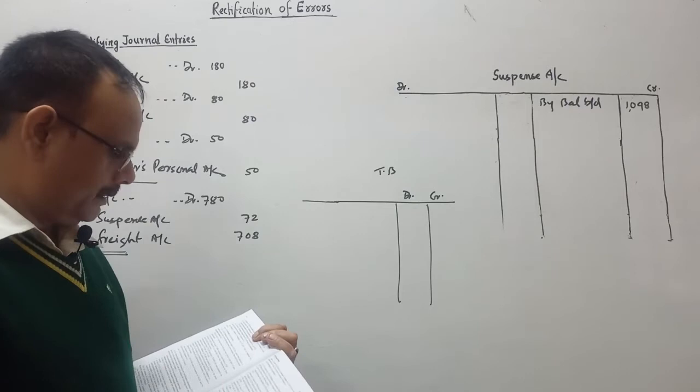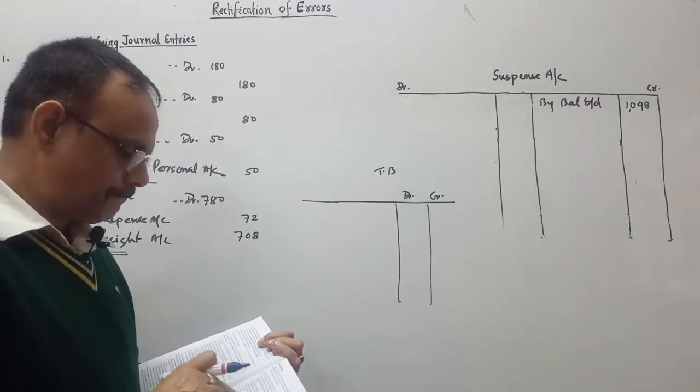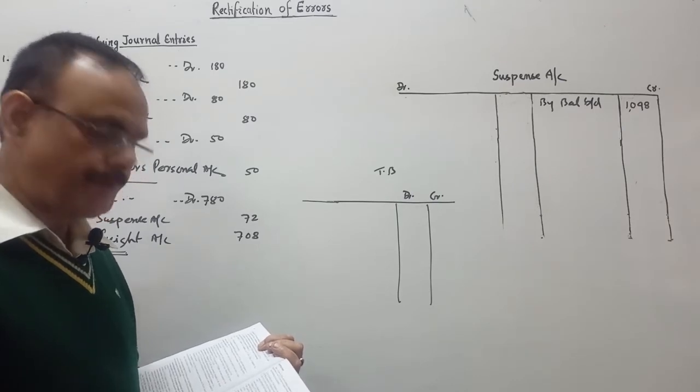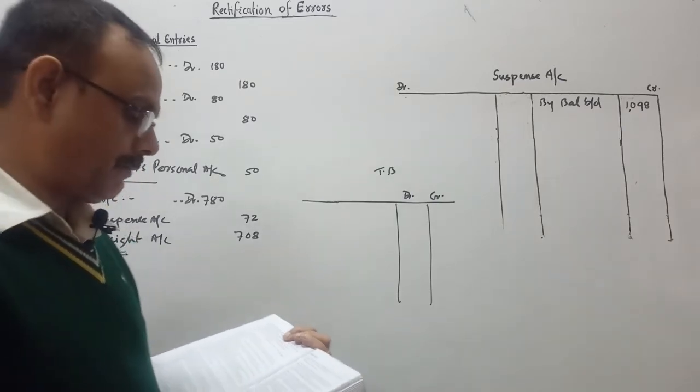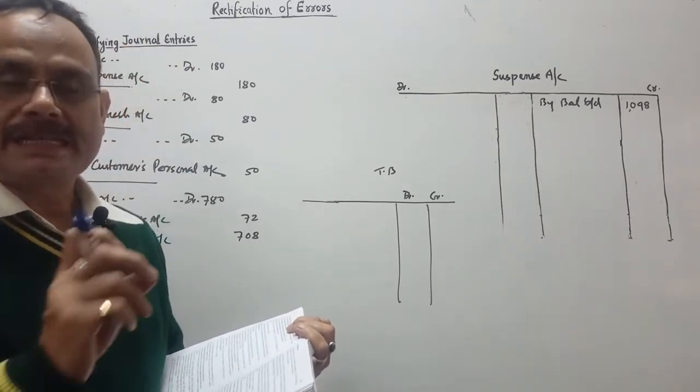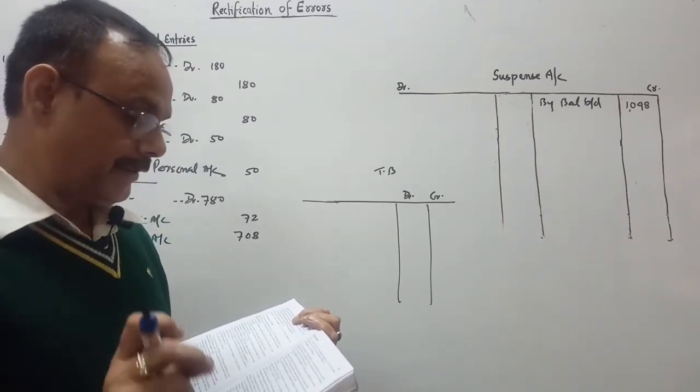Next is goods to the value of rupees 130 returned by a customer, Naveen Kumar. The entry will be sales return account debit to Naveen Kumar.